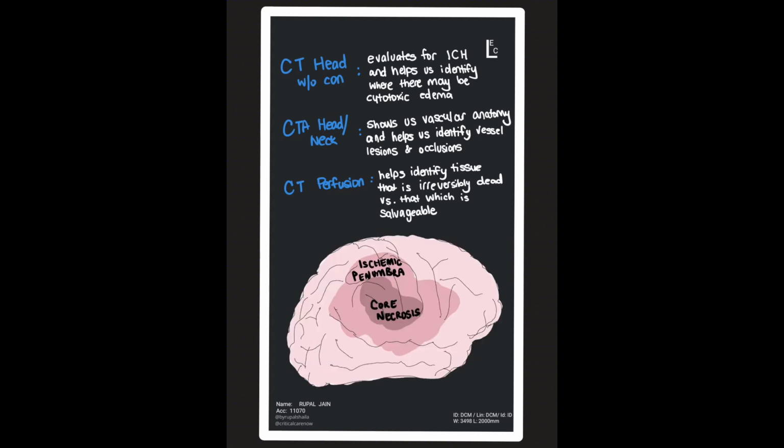So all of that area of cytotoxic edema, which you could see on the dry CT of the head, we want to know how much of this edematous affected area is core infarct, dead tissue that can't be reversed, versus which of this tissue is ischemic penumbra, or tissue that can be salvaged by appropriate revascularization therapy.